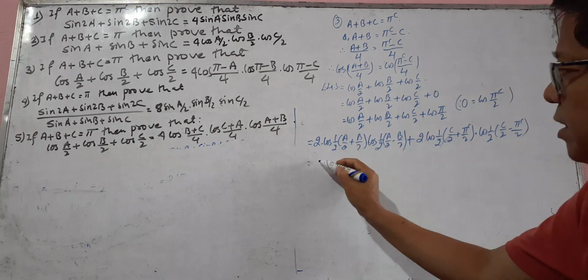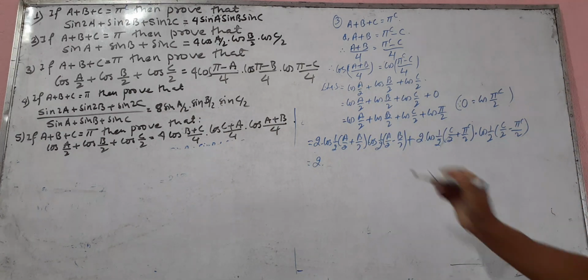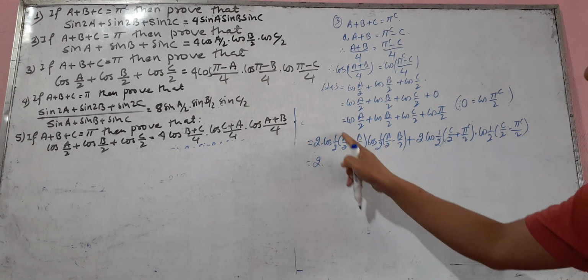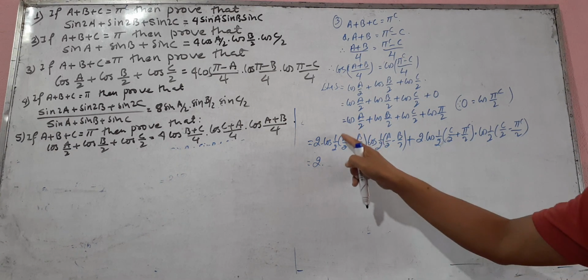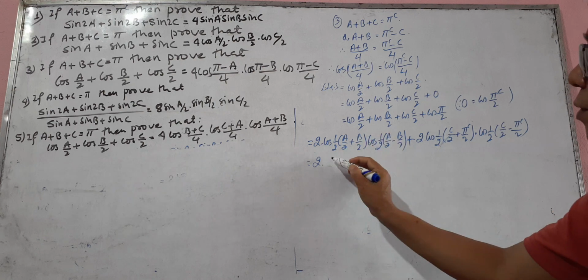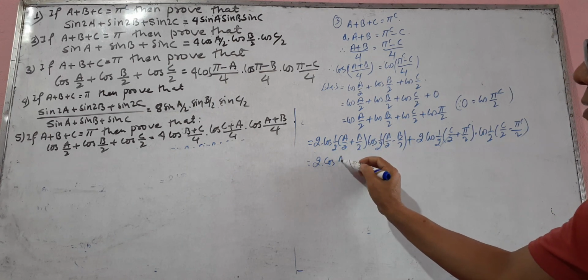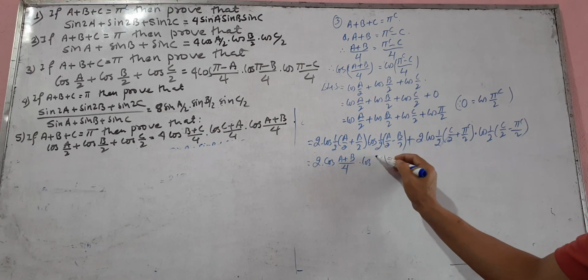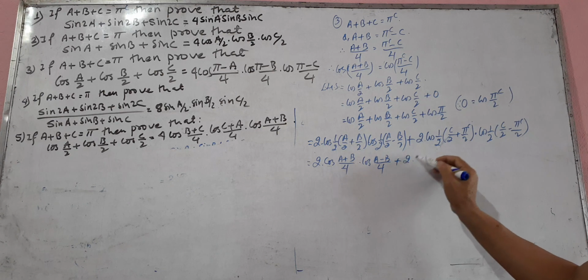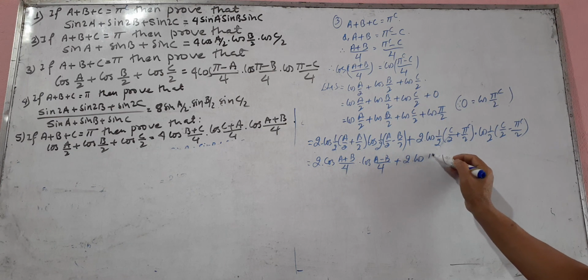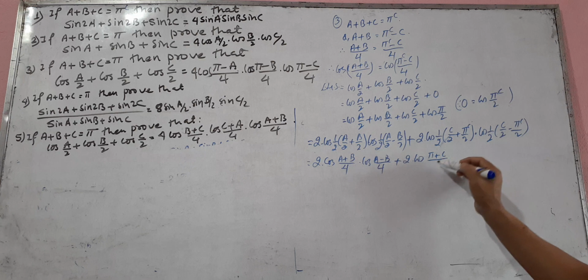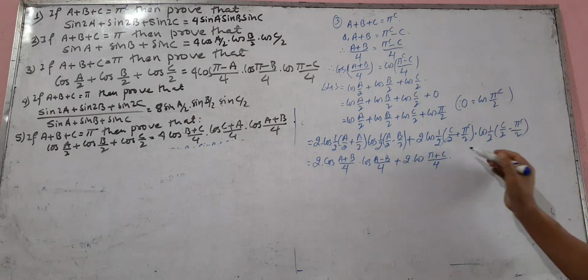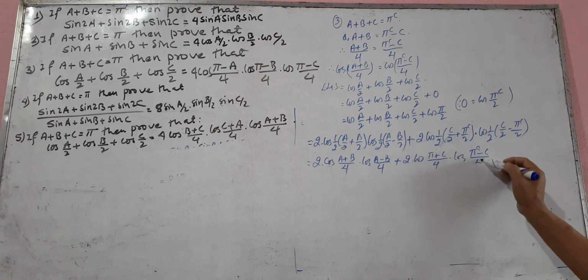Now to simplify all this, a by 2 plus b by 2 is a plus b by 2, and 2 2s are 4. So we get here a plus b by 4. Similarly here a minus b by 4, and here 2 cos, I write pi first, by 2 by 4, and similarly we can write here pi radian minus c by 4.